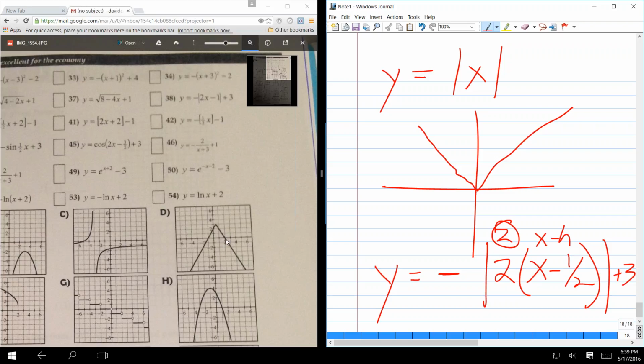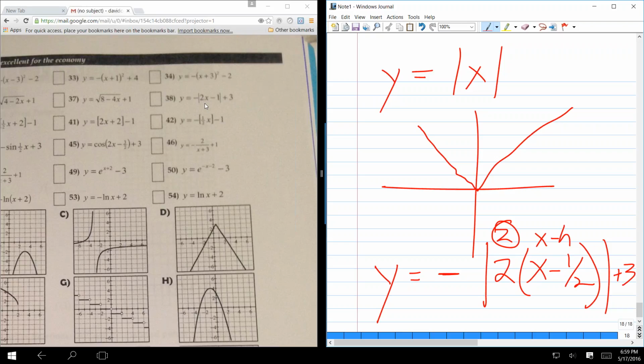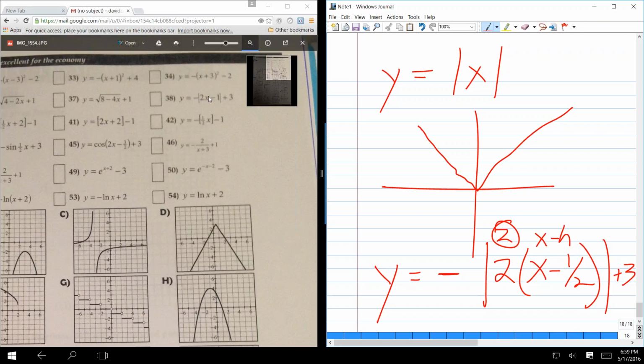I suppose that it's always worth plugging a point in. What should this be when x is 0? 2 minus 1 negative. So it'd be -2? No. Plug in 0 for x.